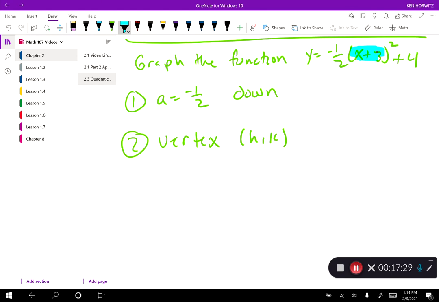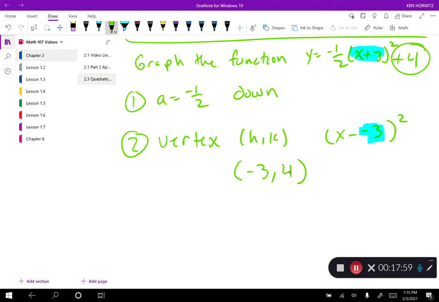Can I make it look like the first one? I sure can. I can take my parenthesis and make it x minus negative 3 squared, okay? So if I do this, then my h is negative 3. All right, so my vertex is going to be negative 3 comma, there's my k, 4.